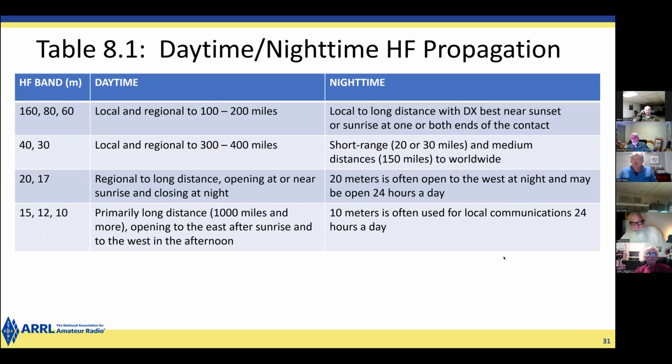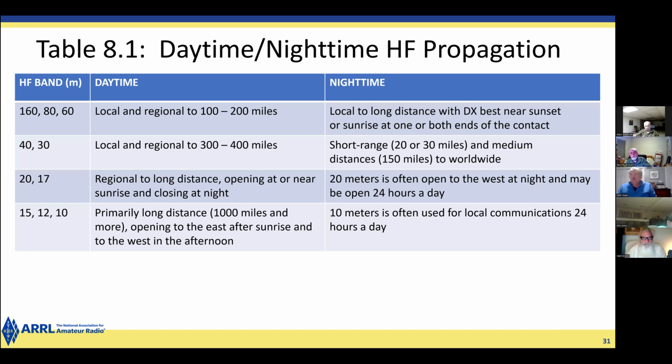Yeah. So, all right, back to the official slides. There's a chart in your book that talks about different HF bands and what you can do during daytime and nighttime.